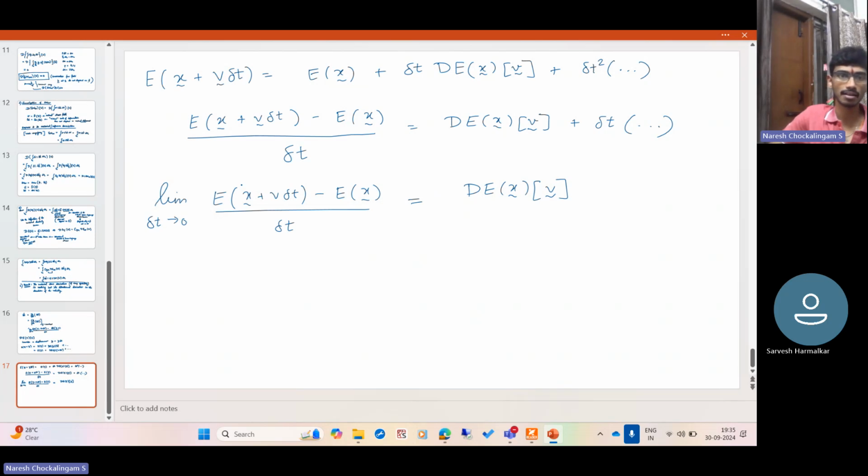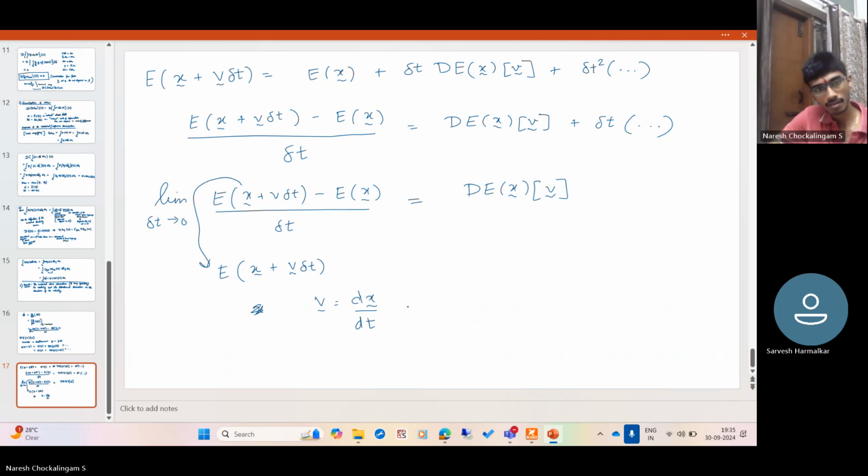So this part, if you see, this is E of x plus v delta t. But v itself is dx by dt, which means x plus v delta t is nothing but x plus dx by dt delta t.